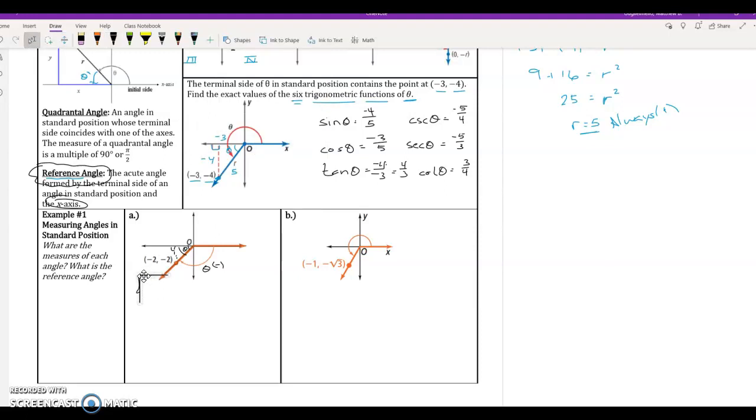Okay, so this is my reference angle that I just pulled off from there. And so this side is -2, and this side is -2. And here is my angle that I'm looking for.